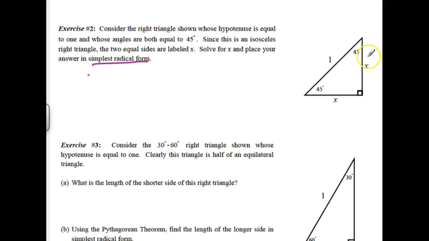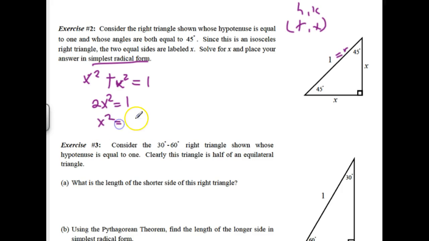So the equation of a circle, remember what we said, it's x squared plus x squared equals 1. So remember, this is my r, the distance, my h and k are actually x comma x. Now if I go ahead and solve this out, this becomes 2x squared is equal to 1, x squared is equal to 1/2, which means that x is equal to the square root of 1 over the square root of 2.